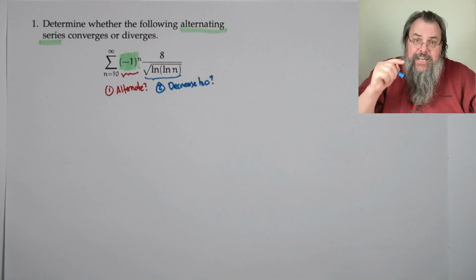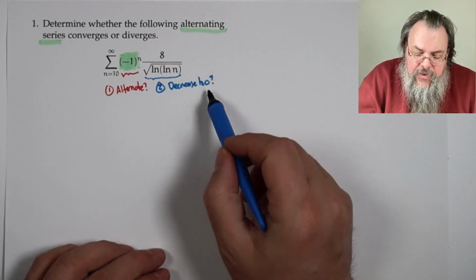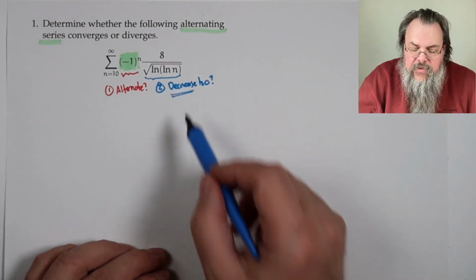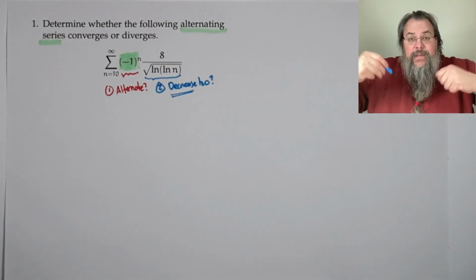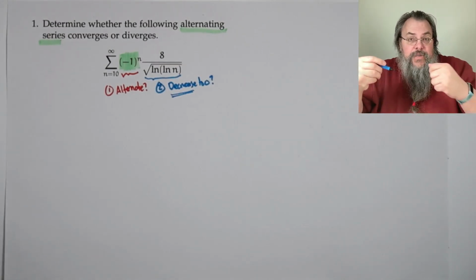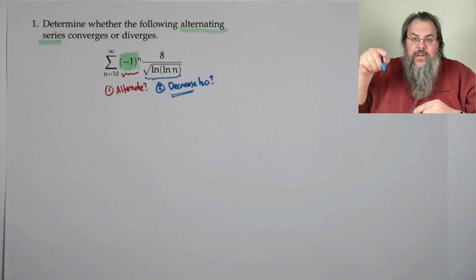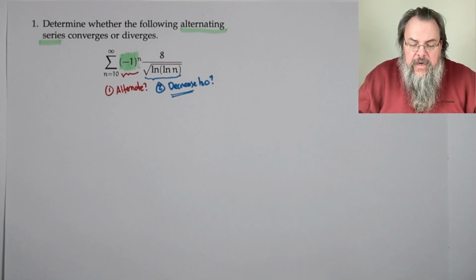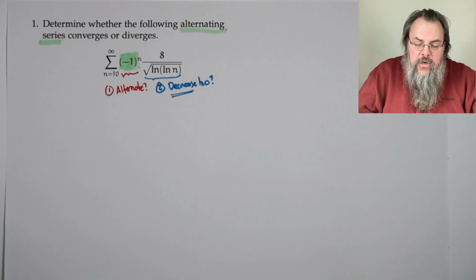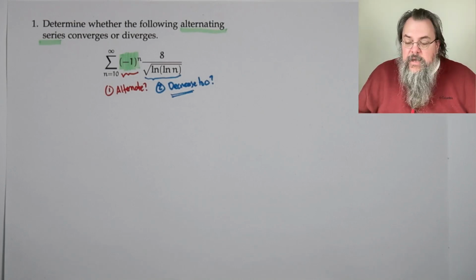Now, there's a technicality here. It's not just that it goes to 0. There is this notion of decreasing, which is to say that as n gets bigger, the terms get smaller. So it's really going downhill. And so we just need to make an observation.